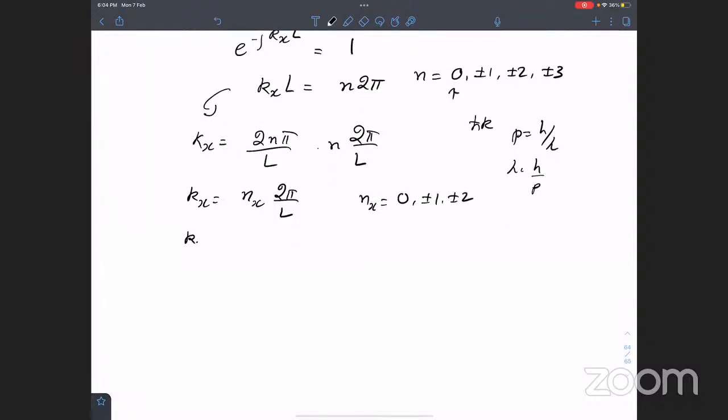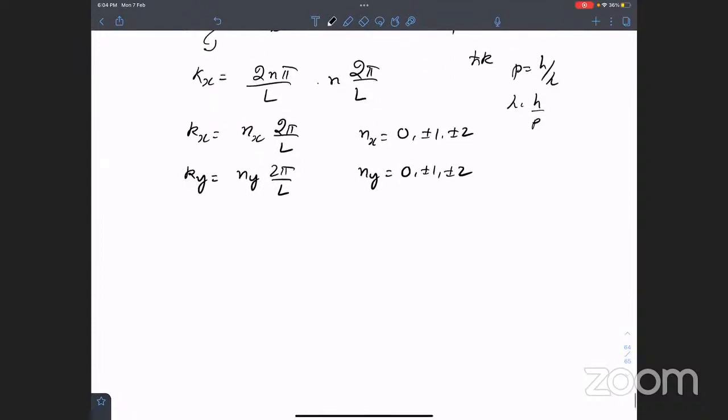Similarly, ky will be ny into 2 pi by L. Ny becomes my second quantum number. Similarly, kz has to satisfy nz into 2 pi by L. In general, if Lx and Ly are different, you can put Lx, Ly here also, but for simplicity I'm taking Lx equal to Ly equal to Lz. And nz also can be 0, plus or minus 1, plus or minus 2, and so on.